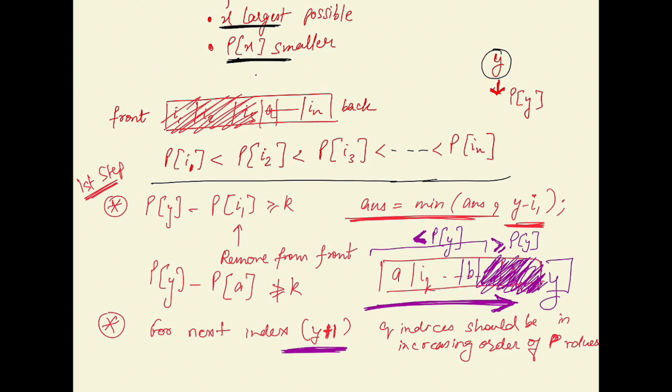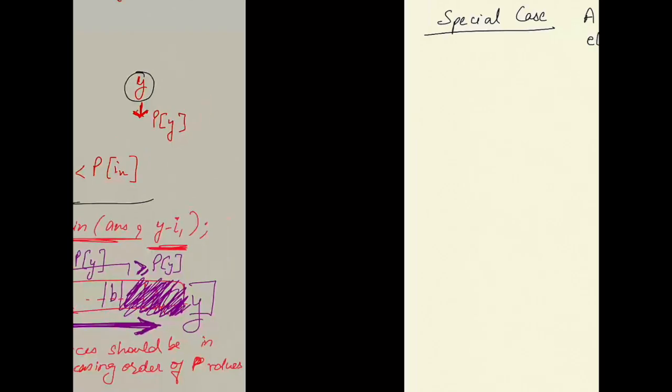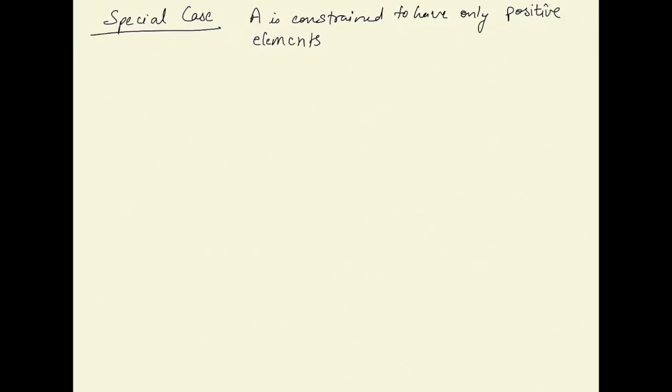So I hope this algorithm was clear to you, and now let's consider a special case. A special case is when a is constrained to have only positive elements. In that case, we don't need to maintain array p or a queue. The reason is that array p will always be in increasing order.